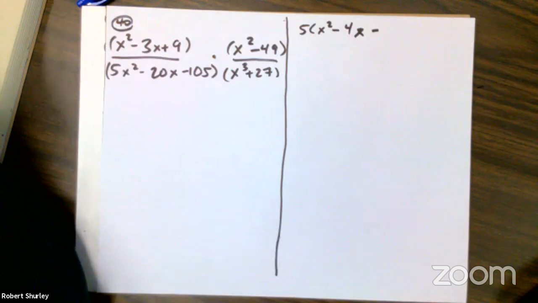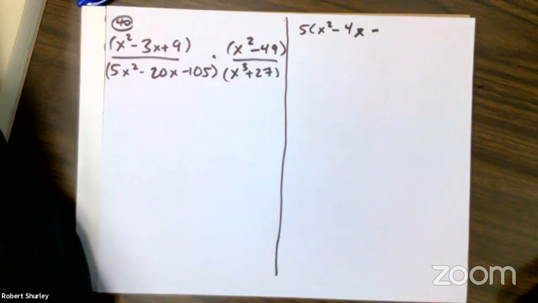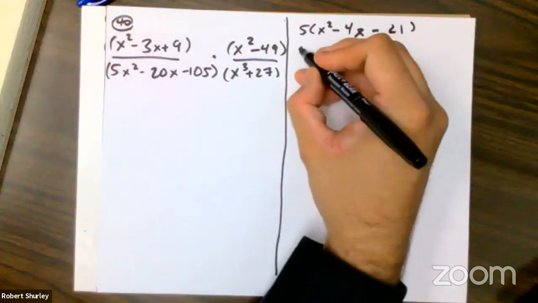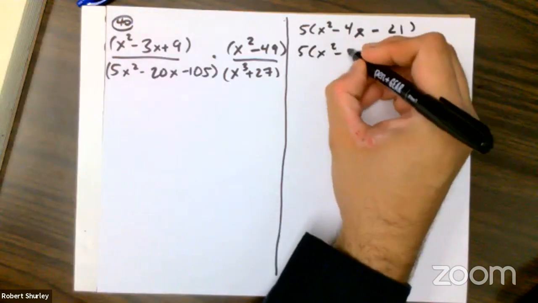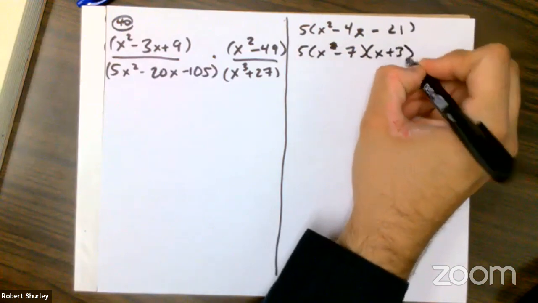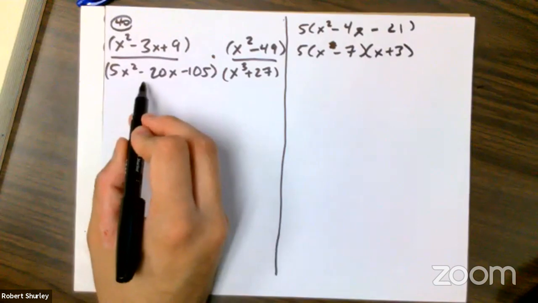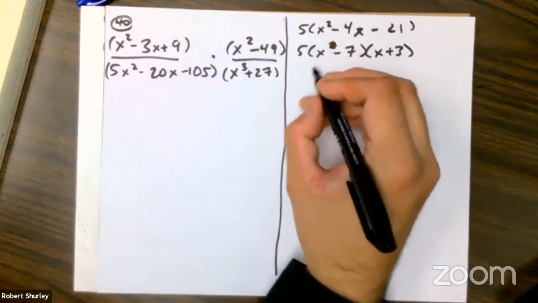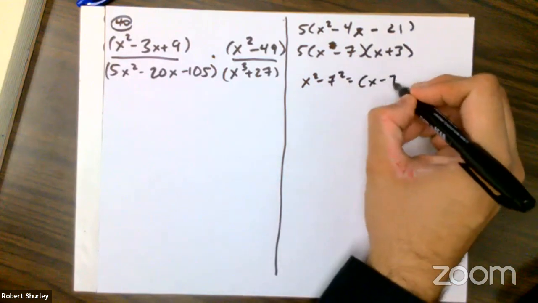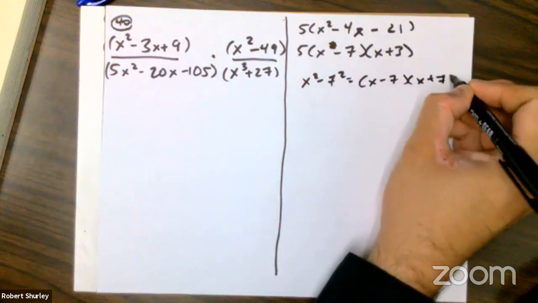That doesn't sound right. 21. Okay. And then that denominator factors into x minus 7. Ooh, that's out there. And then x plus 3. So that's the denominator here. The x squared minus 49 is a difference of squares. So that's going to be x minus 7, x plus 7.